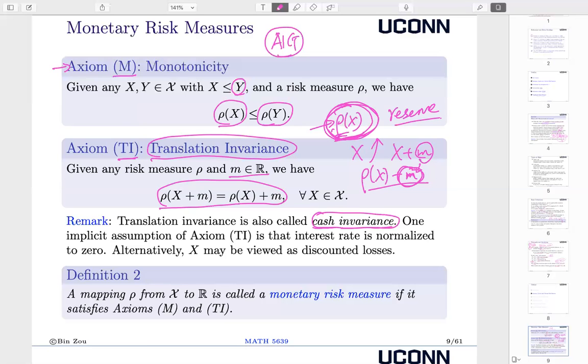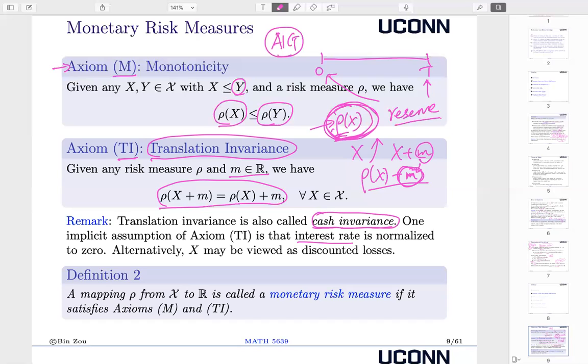One implicit assumption is that we somehow normalize the interest rate to zero. When we talk about a reserve, it is placed at time zero, and the risk is realized at time t. Let's say we consider auto insurance for 6 months, and we assume all the claims are paid at the end of 6 months.